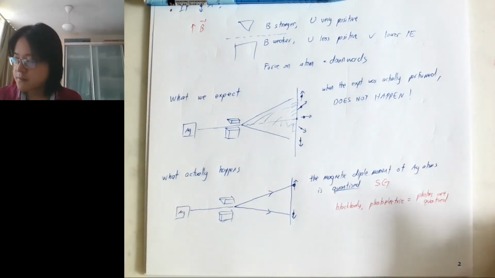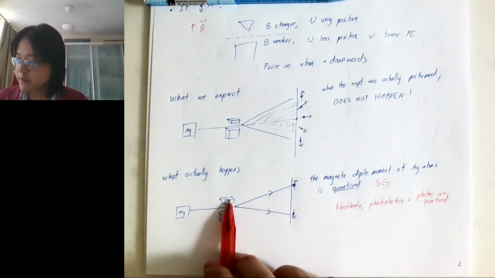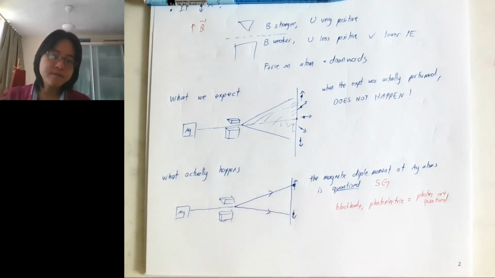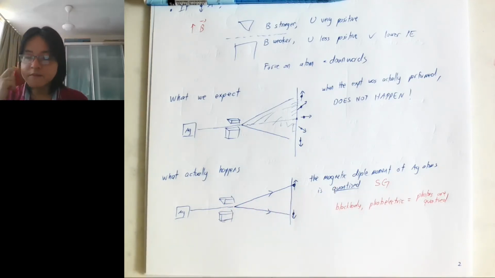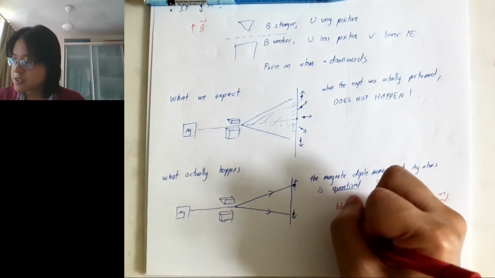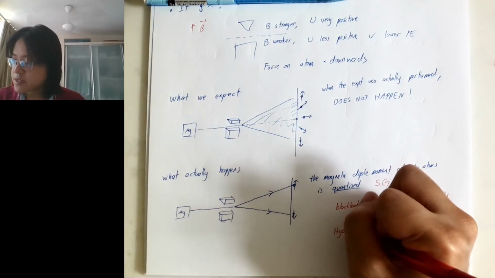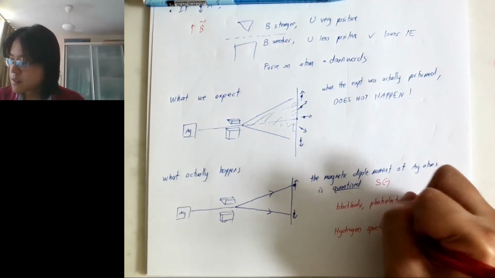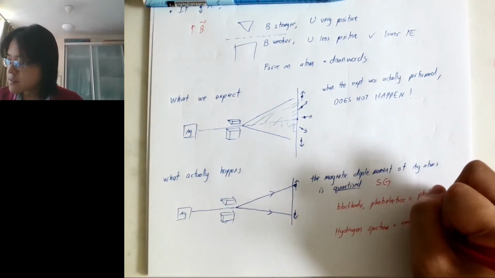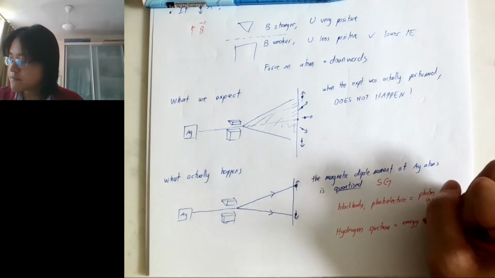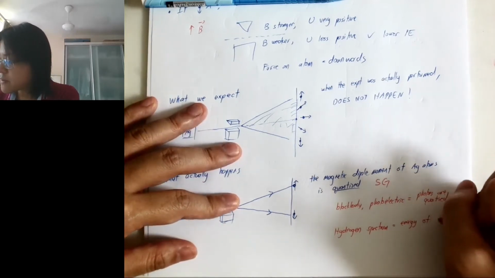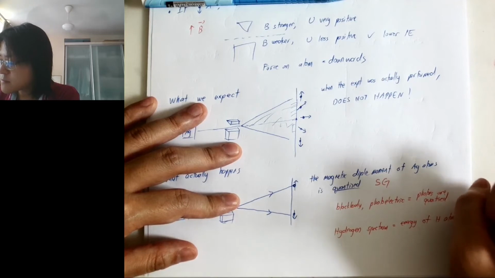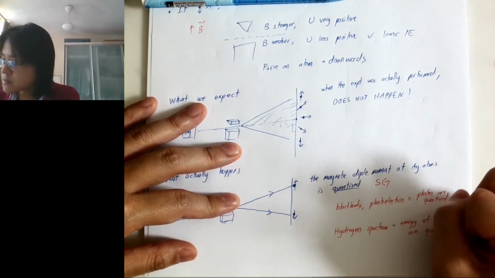For this experiment, we are talking about the spin. And then the hydrogen spectrum is also another experiment. The hydrogen spectrum tells us the energy levels, that the energy of the hydrogen atoms is quantized.